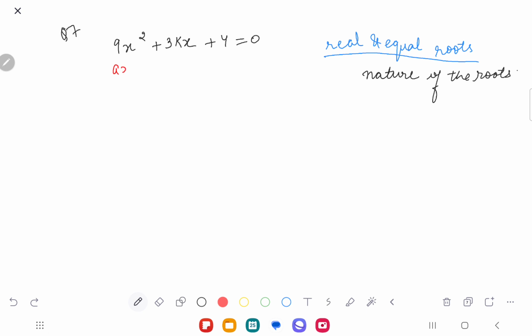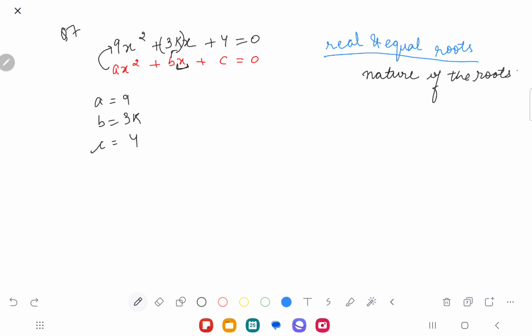I'm going to say it is going to be ax square plus bx plus c equals to 0. So a here is going to be 9. B here is going to be 3k, because b is everything apart from x. And c here would be 4.